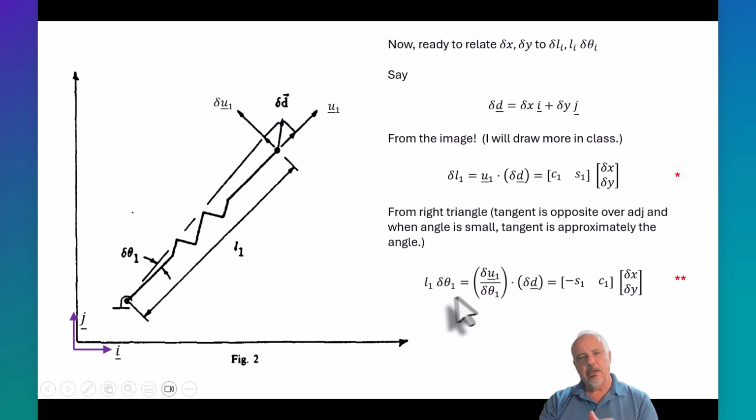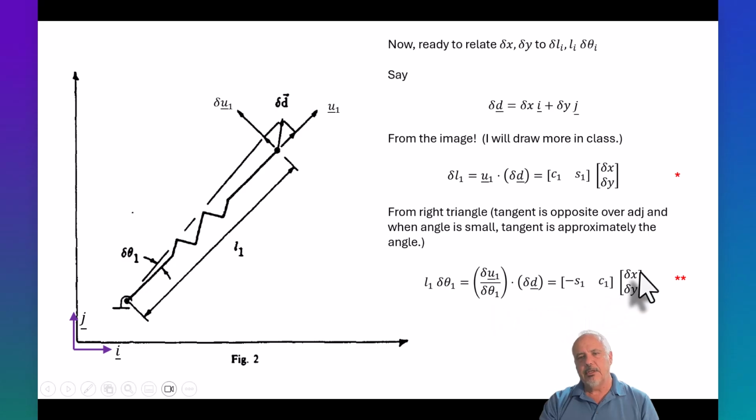The next one is where I'm trying to get this displacement here. So I want to think about this direction, which would be delta U1 with respect to theta 1, and that's going to be minus S1, C1. That's what we did before. It's the derivative of that without the delta theta, so that's why I have it divided by delta theta 1.